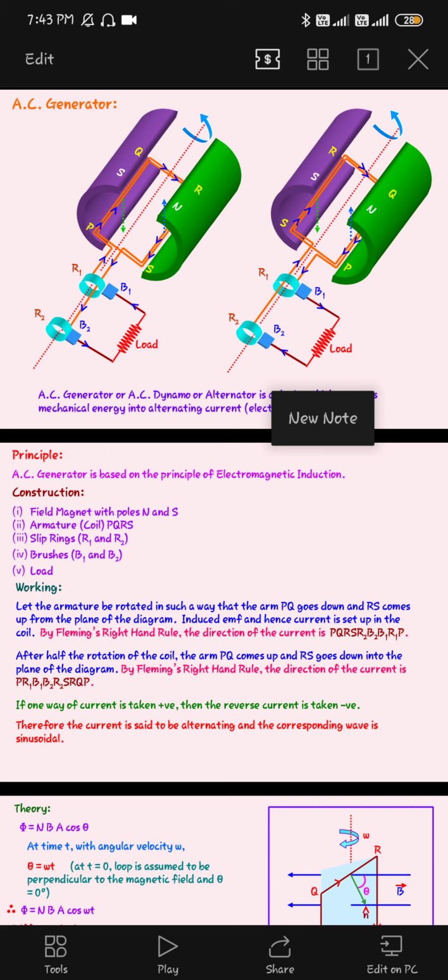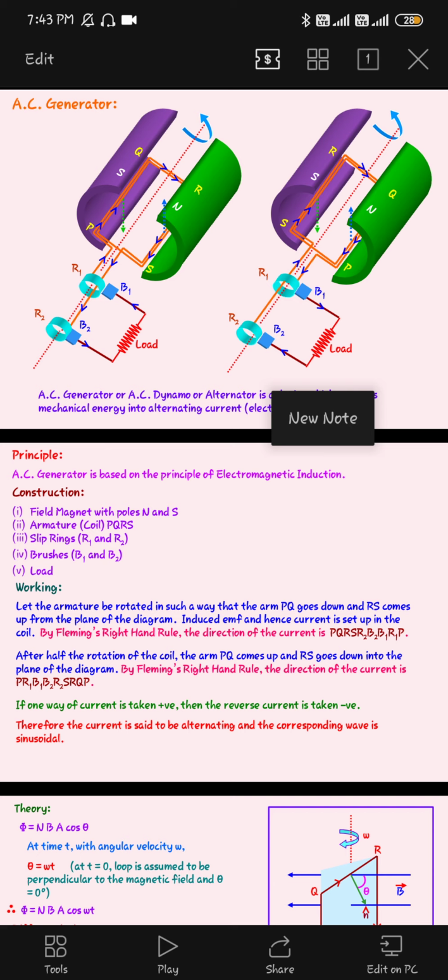Then the working of the AC generator. In the working, the coil is rotated with the help of a turbine. Since the flux linked with the coil keeps on changing due to the rotation, an induced EMF across the coil is set up. The ends of the coil are linked to coaxial rings which rotate along with the coil rotor.